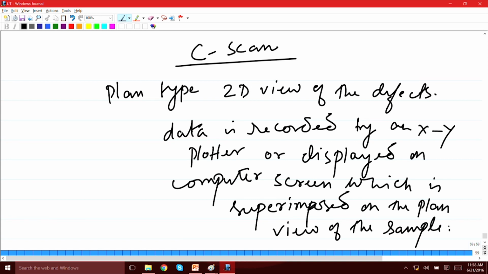Okay. So, you record the data and then either you can plot it on an XY plotter, or you can show it on a screen which will be superimposed on the plan view, and that is how this plan type view will be generated.